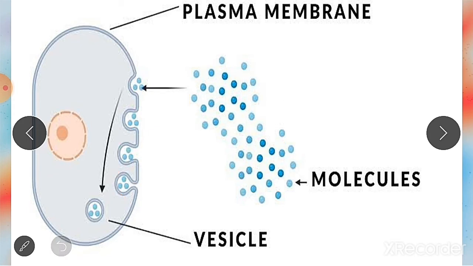Here you can see first this invagination is there, then this is the process, and at last this vesicle is formed. The cell membrane then buds off and forms a vesicle, and it contains the ingested material inside the vesicle.